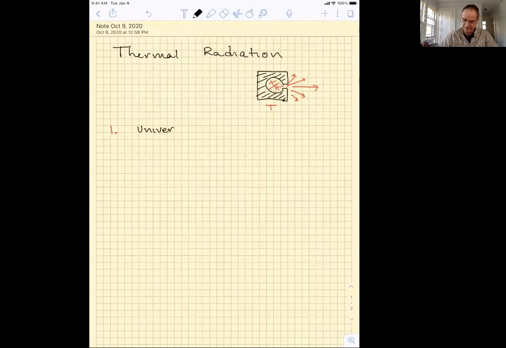We say that they have a universal spectrum, E as a function of f. And the shape of the spectrum is independent of material and it depends only on the temperature.